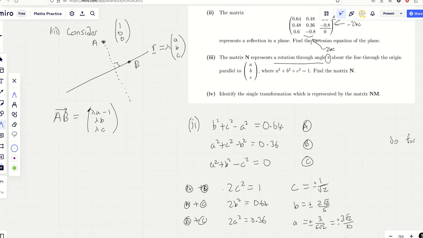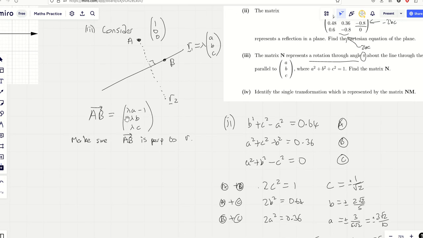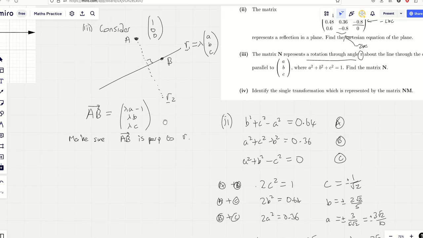We need to make sure that vector is perpendicular to the direction of this line. So make sure AB is perpendicular to R. I'll call this R1, and we're going to try and find the equation of the line R2. We're going to use lambdas and mus for this. Note that R2's direction needs to be whatever we find the value of lambda to be here.